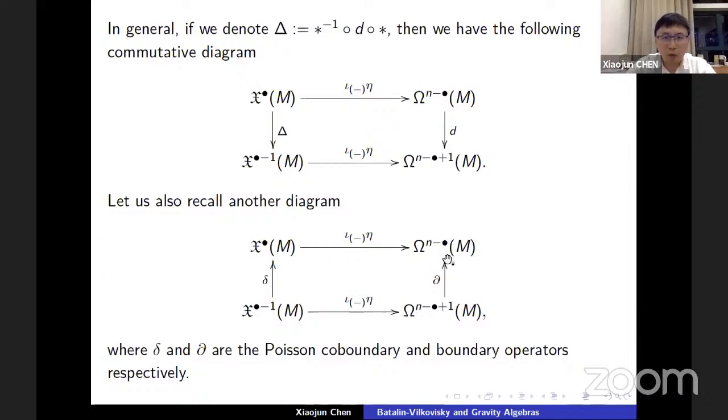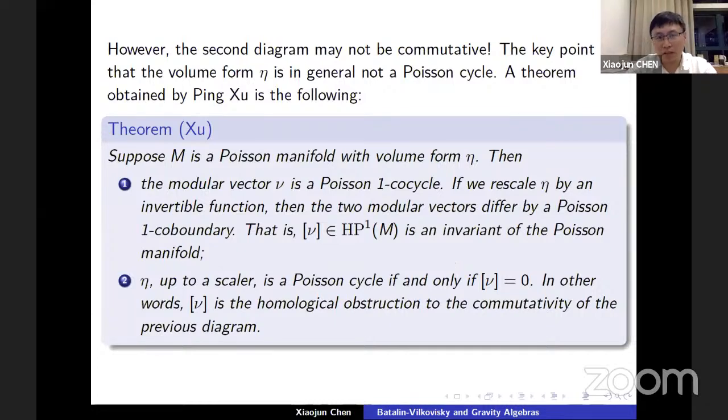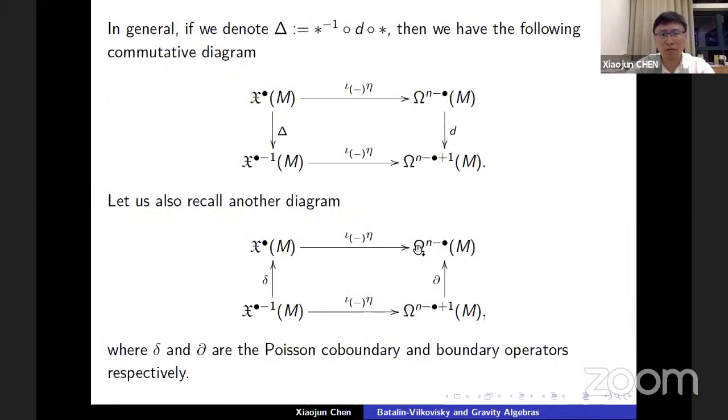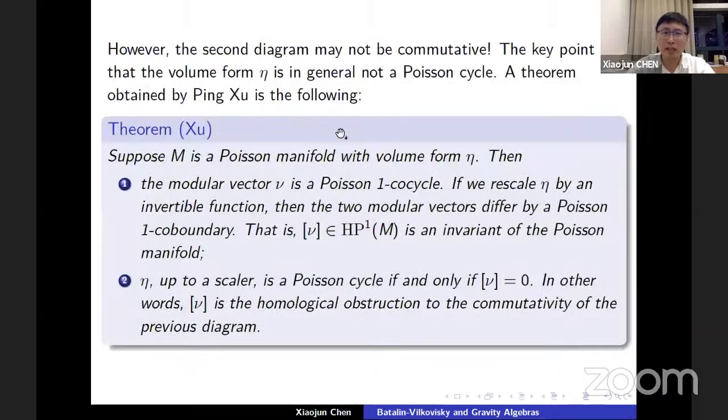This second diagram is not commutative in general. The key point is that the volume form eta here is in general not a Poisson cycle, so that makes the diagram non-commutative in general.